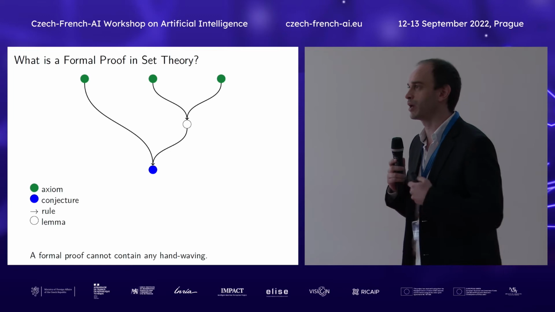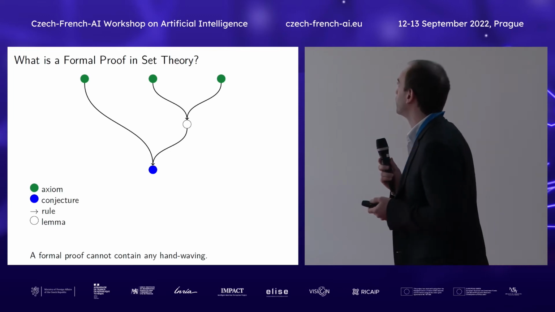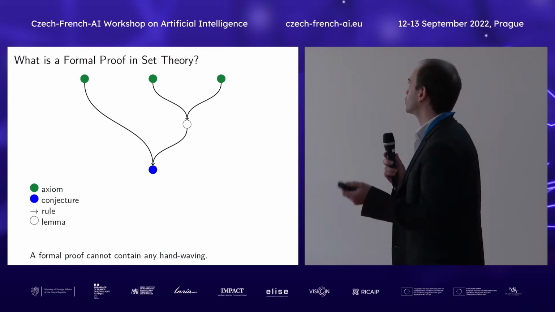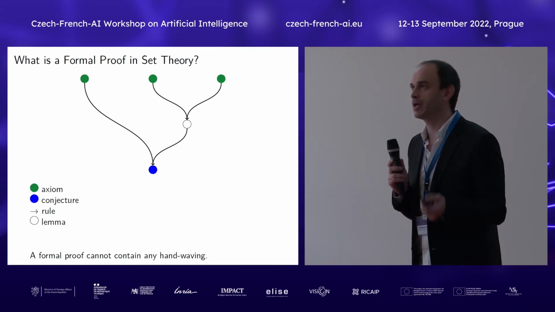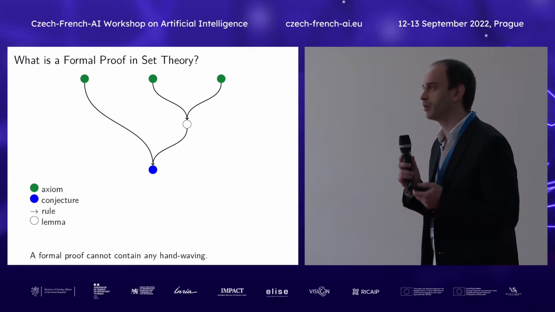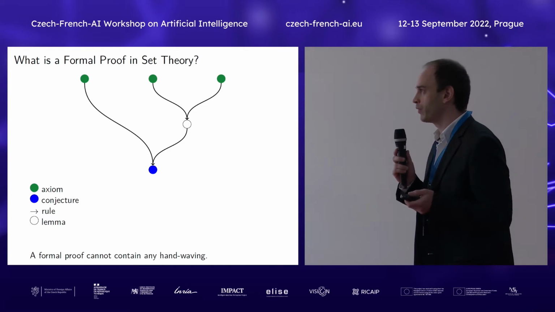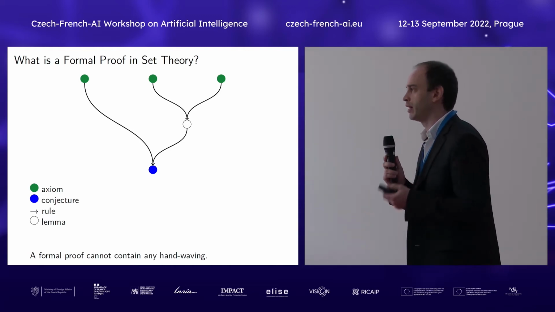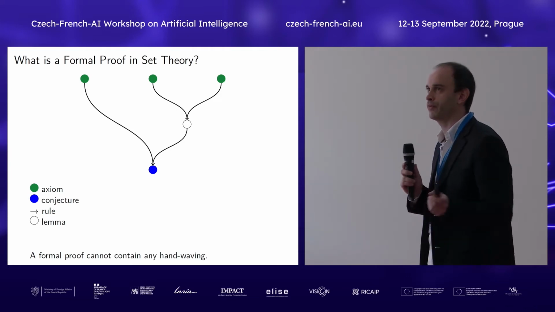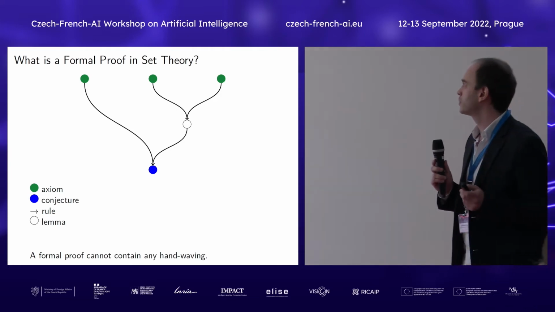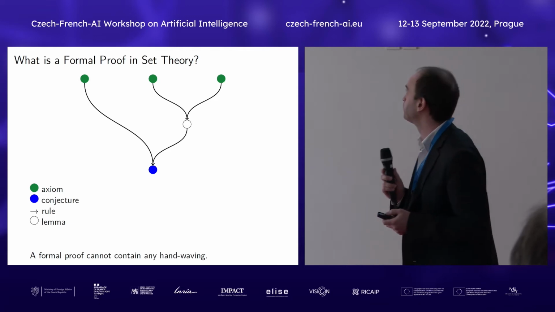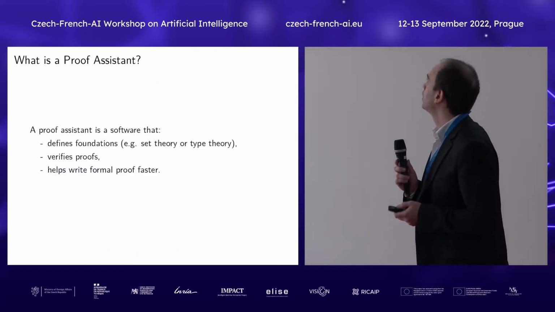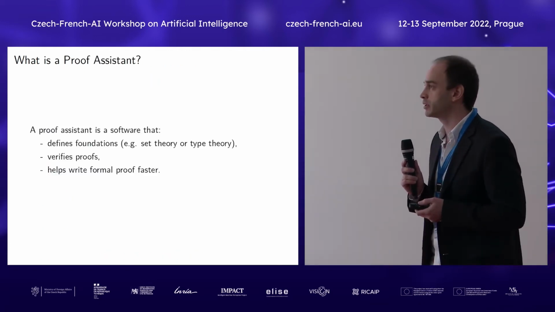So that's exactly what it means to be a proof. And contrary to mathematical textbooks, there is no hand-waving here. Everything is programmatically defined. There is nothing left, no details missing.